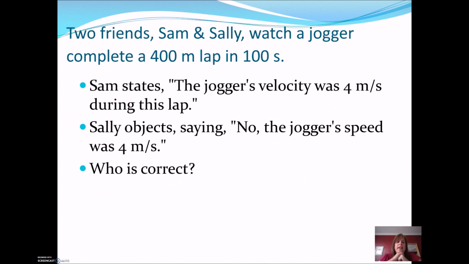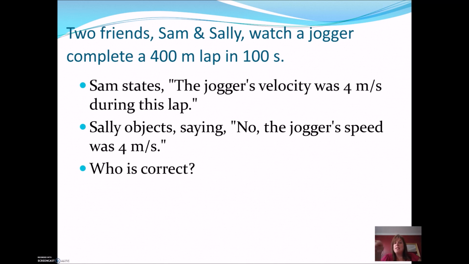Well, I mean, 4 meters per second is definitely the rate of change. It's definitely the speed, but if they're making a lap, right, the track is a circle. So if they make a lap, they are getting back to where they started from.